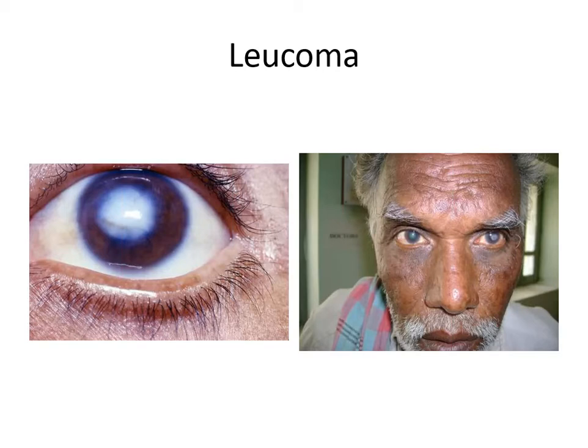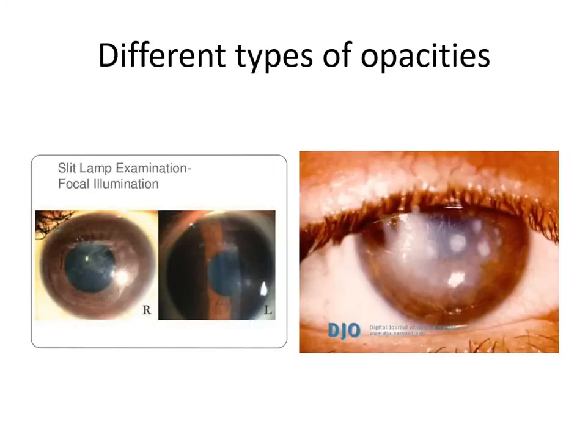And another question which they commonly ask is, how will you classify the corneal opacities? So corneal opacities can be classified as nebula, macula, and leukoma. So here in the first picture, you can see on the left eye, when the slit lamp is focused, you are able to see some opacity.